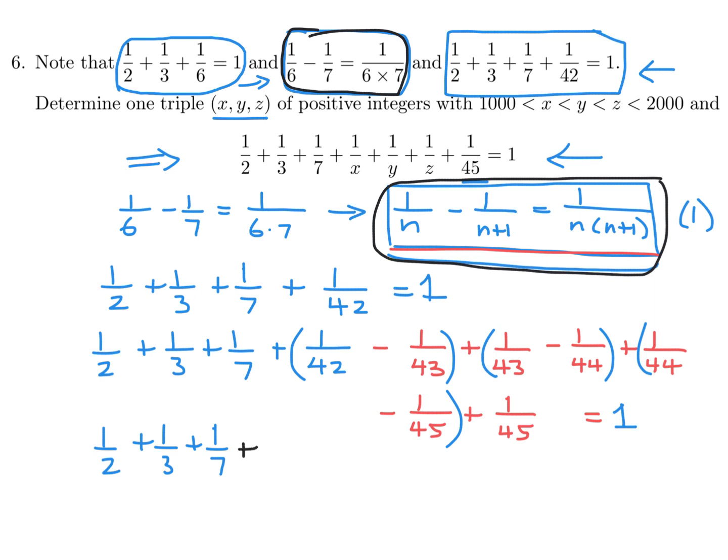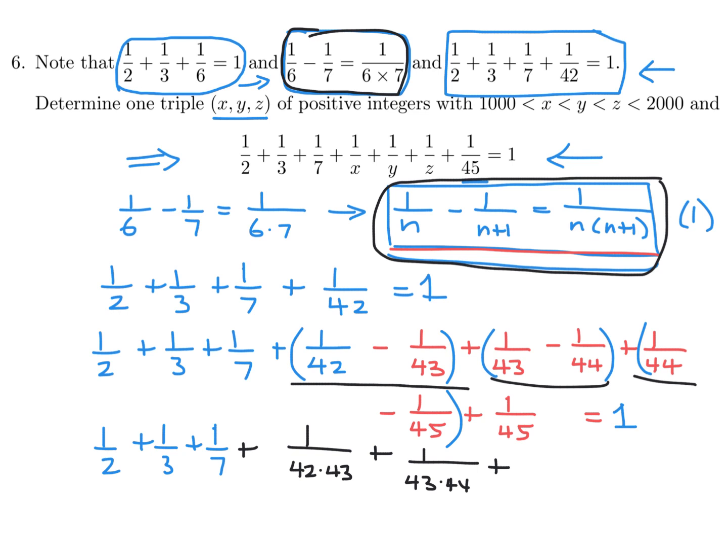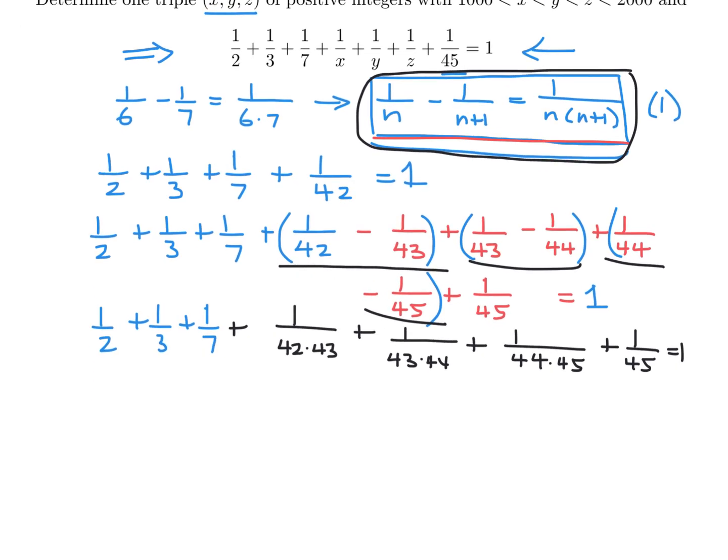So this guy right here would be 1 over 42 times 43, correct? Similarly, that guy would be 1 over 43 times 44, and these two would be 1 over 44 times 45. And then we have that 1 over 45, and that all equals 1. So hopefully that looks very similar to this up here.